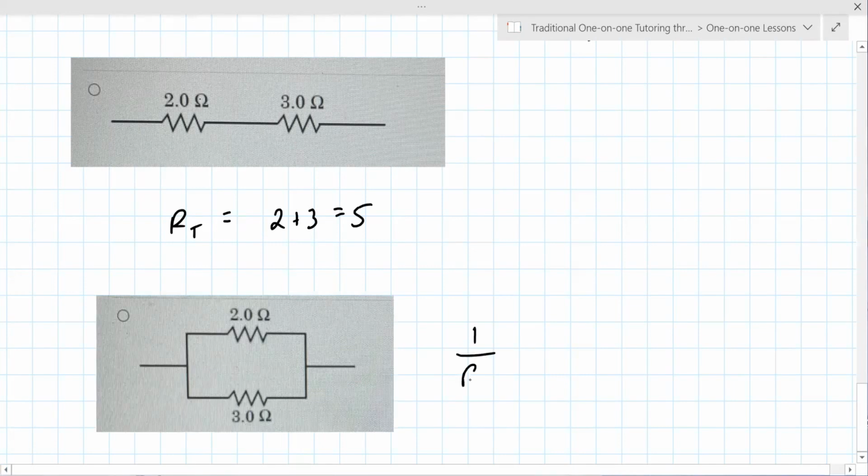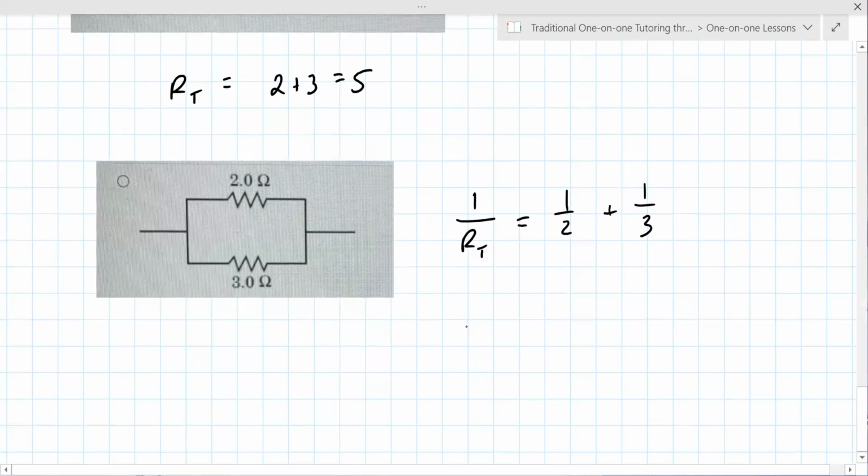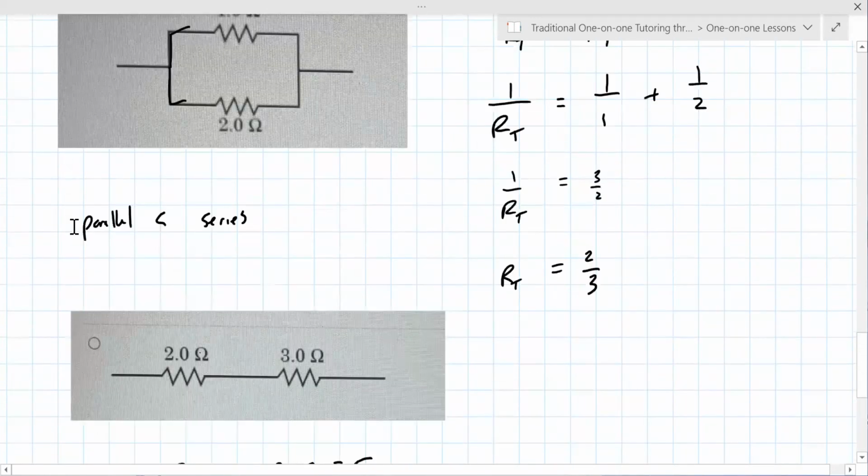So 1 over the resistance total here is 1 over 2 plus 1 over 3. Our formula here, you can add up the right-hand side, which is usually a good idea. This becomes 5/6. So the flip of it is 6 over 5. And notice that that's bigger than the 2/3 that we got in part A. So part A is the smaller one.